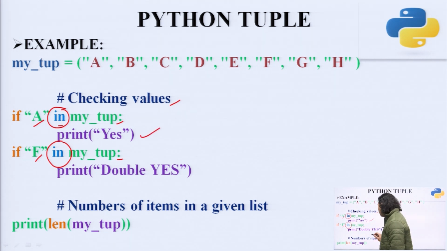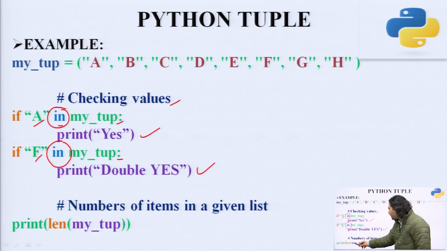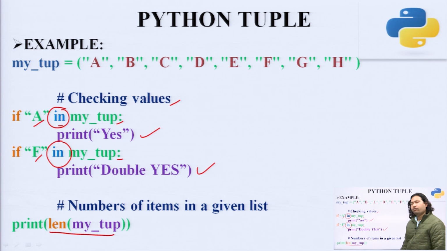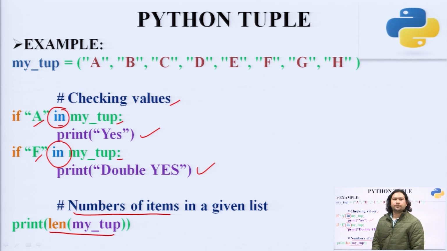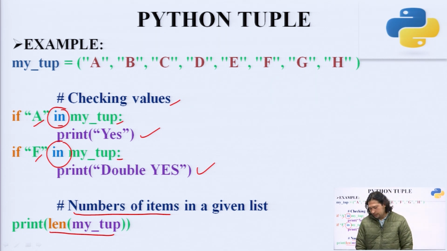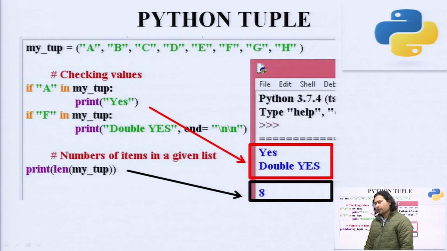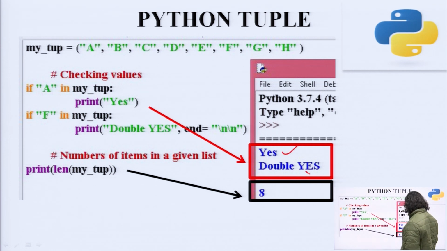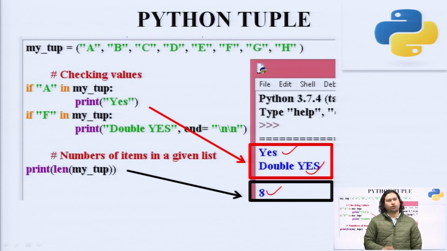If this condition holds true, you will get double yes. The last thing is, again we are going to use the len function to see the number of elements in your given tuple. The number of elements you can see is 8. So, both are getting yes, double yes and 8. That means whatever we have explained is totally on the right track.